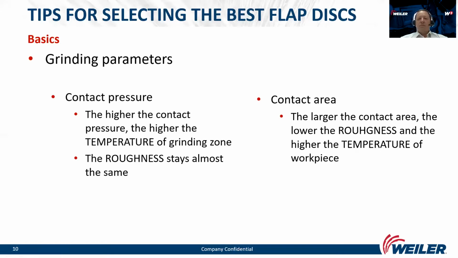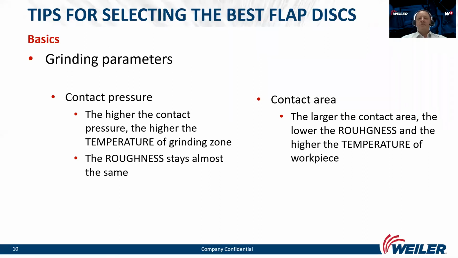The most common mistake which can happen during grinding is when we want to grind more aggressively, we apply more pressure. The result is an overheated surface and destroyed flap discs. The right way is to change existing discs with coarser grains.